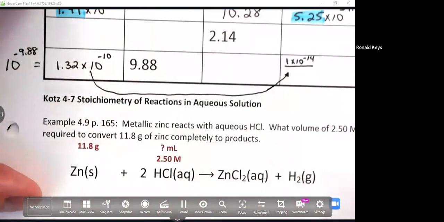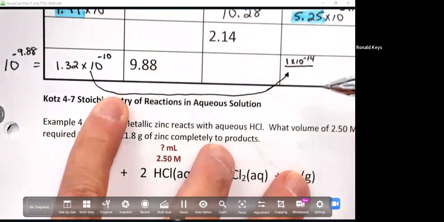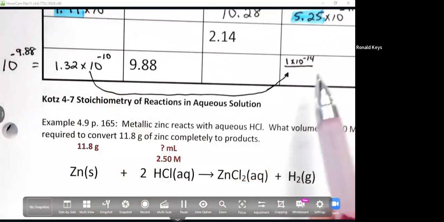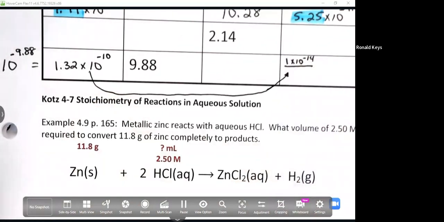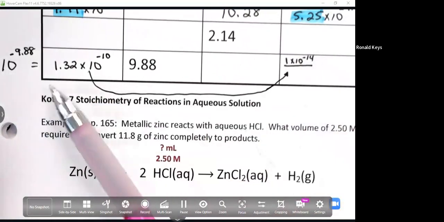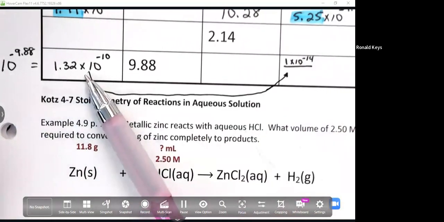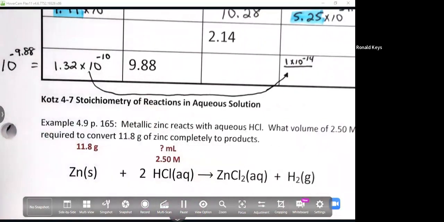So if I multiply those two together and I get 1 times 10 to the minus 14, I can take 1 divided by 10 to the minus 14 and divide by the other. So punch that in your calculator. Do not put in times 10. 1 EXP, the negative key, not the subtraction key, negative 14. Divide by 1.32 EXP, negative 10.